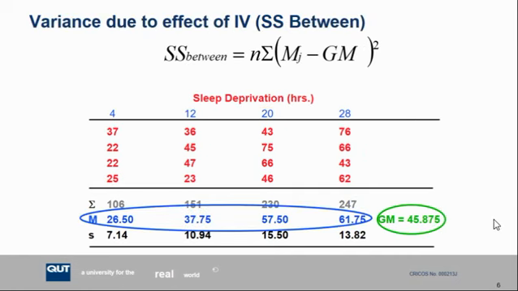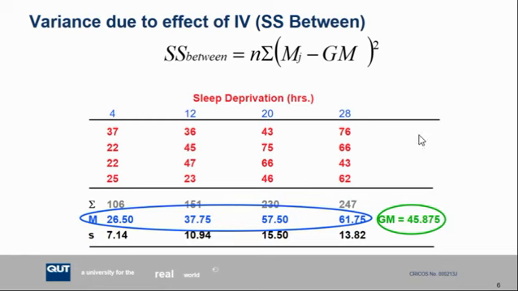Now, what we want to do is break up that total variance to understand where that variance comes from. So some of that variance is due to being in different conditions, whether you've had 4, 12, 20 or 28 hours of sleep deprivation. This is what we refer to as SS between.